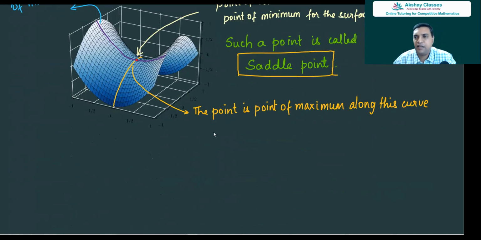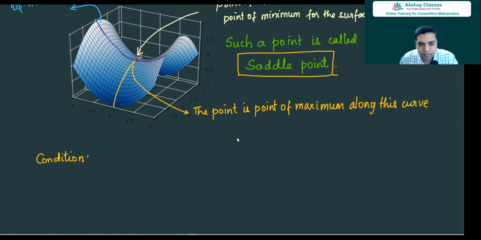Just like in functions of a single variable, if the first derivative is 0 and the second derivative is negative at that point, then that point is the point of maximum. And if the first derivative is 0 and the second derivative is positive, then that point is the point of minimum. That was done in functions of a single variable. Now we will try to find out how to evaluate this for two variables.